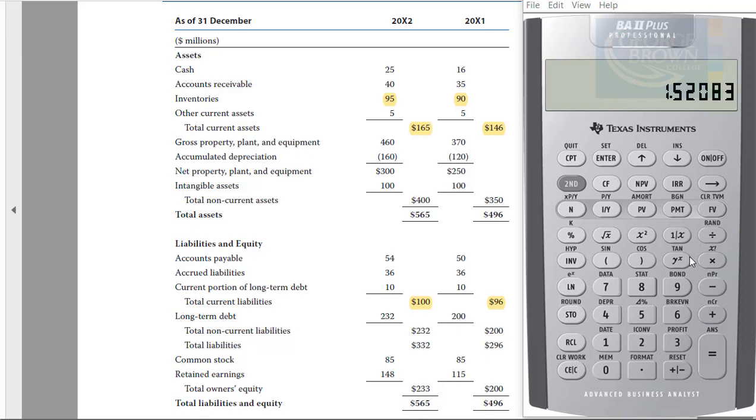However, comparing it to, say, an industry average or a rule of thumb of 2, our evaluation is that it is not as good as the industry average, and so we'd want to keep an eye on that current ratio because it's indicating the company's ability to pay its short-term bills.